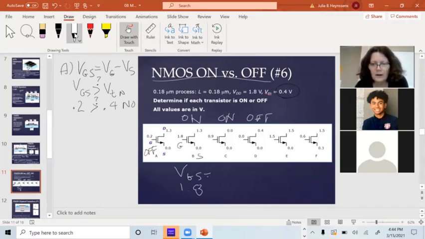E is on because my VGS is 1.5. F, VGS is 0.6 minus 0.3, which is 0.3, not bigger than 0.4, so this is off. In reality, that will be conducting some current, but just not as much. We'll just call it off for now.